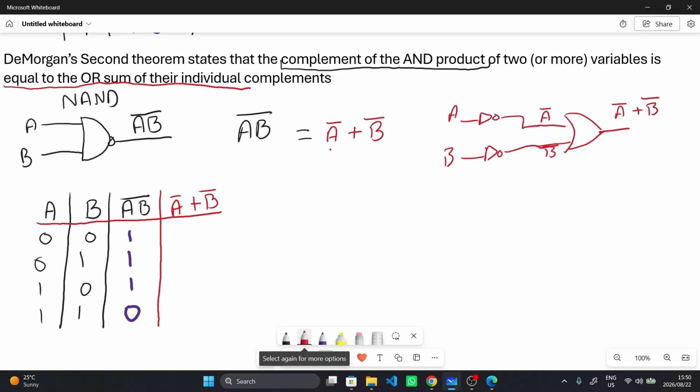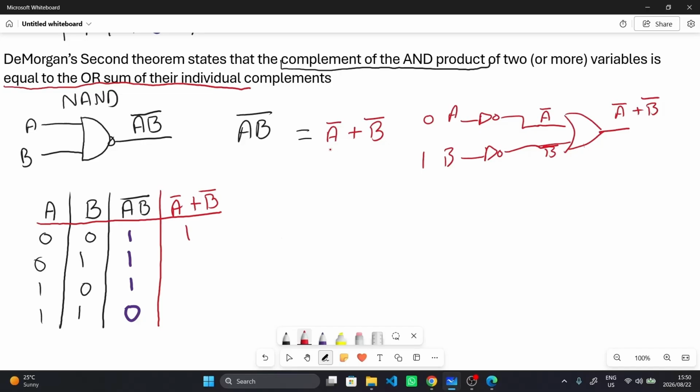So first is 0, 0 input that goes in, so that becomes 1 and 1. And then if we add these two values, 1 plus 1 is 1, the OR gate, right? So that is correct. Then again we check 0, 1.